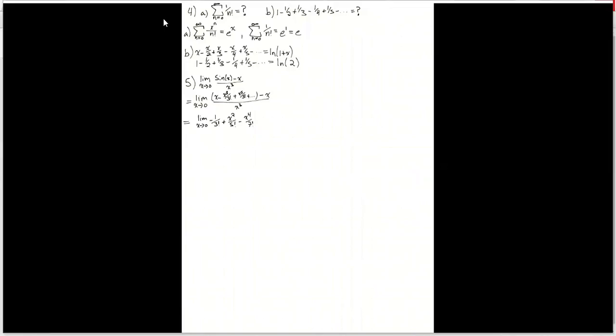And of course, all of the higher powers are going to have x's in them. So when x goes to 0, all of these other terms are going to 0. And then we're just left with this is equal to negative 1/6.